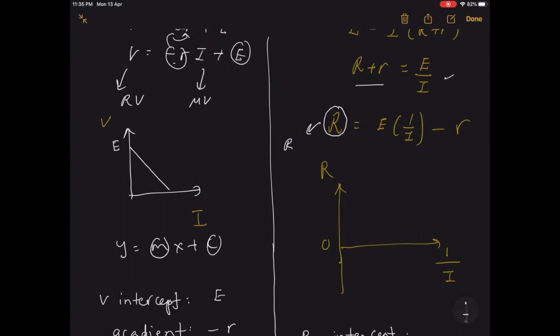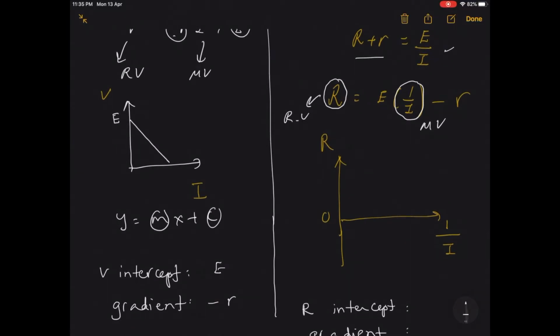It's a responding variable, and you see this as your manipulated variable. So what type of graph are you going to get here? It's also similar to y equals to mx plus c.